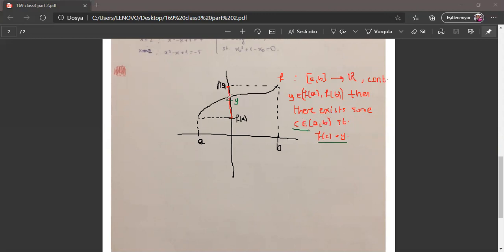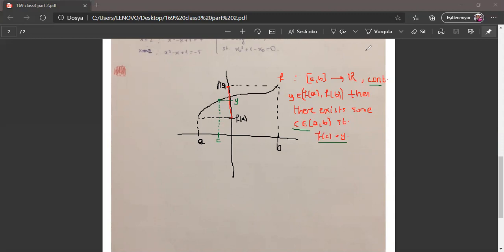So here we see that we found c, and the function is obviously defined at that c. Why do we have this? Because it's continuous, okay? That's why we can obtain such c. So the theorem says that if you have a continuous function defined on a closed interval, then for any y, you can find some c such that you have this equality, okay?